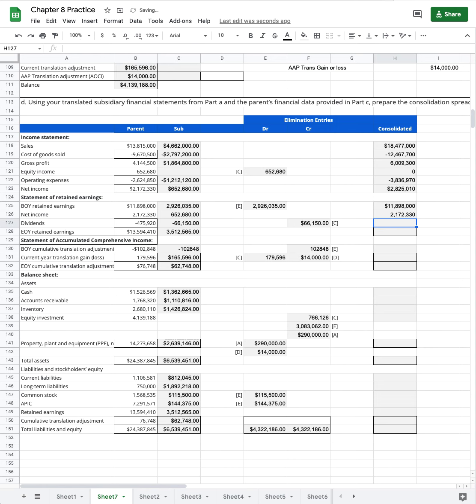And our net income should be equal to the parent's net income. So I copied that formula down, but I shouldn't have. We should just reference the parent net income. For the dividends, we will add across the whole row. Which gives us the parent, so that's good.